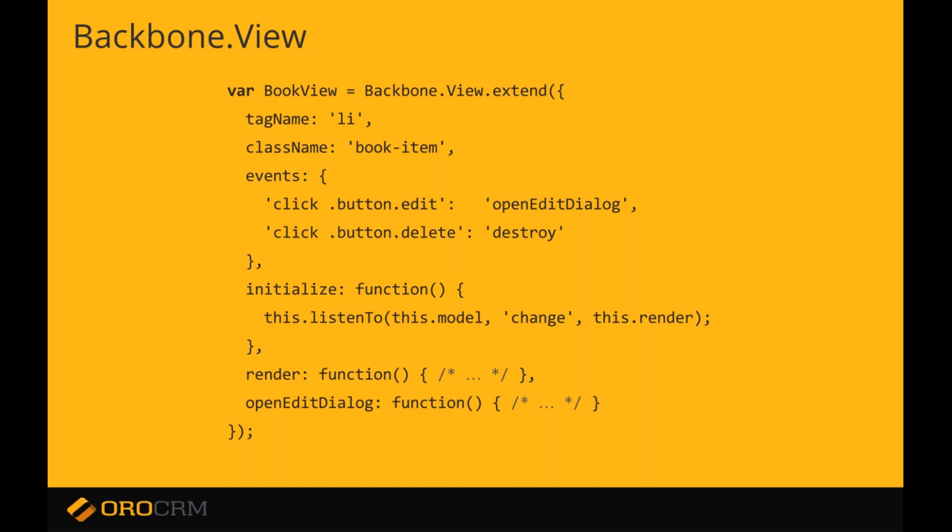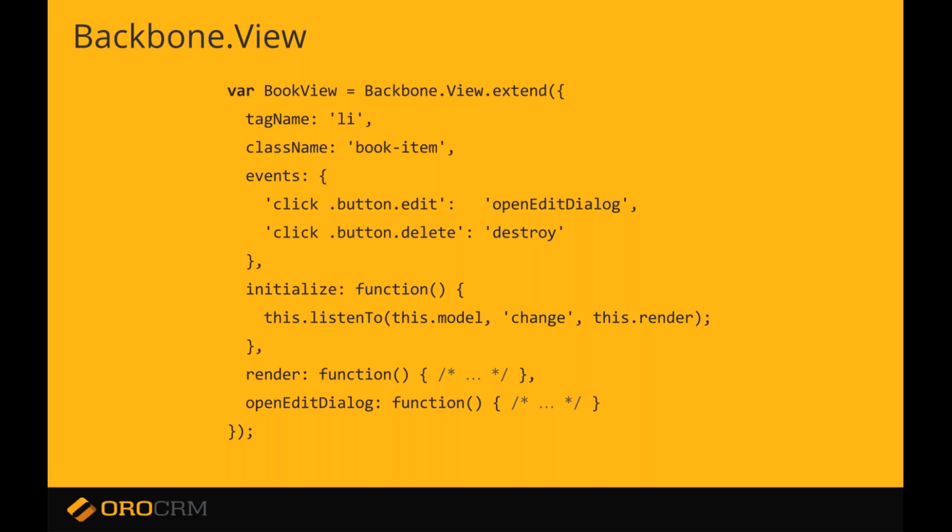We say that our element has to be a list item, and the list item has to have the CSS class name book item. So Backbone will create a new element with node name li, and supply the CSS class book item to it.